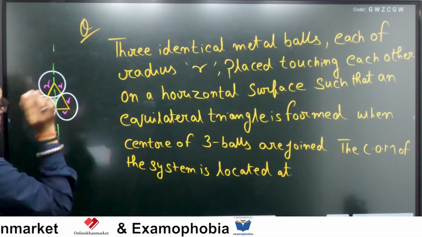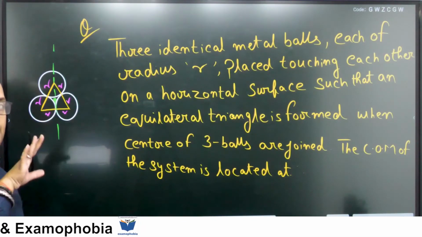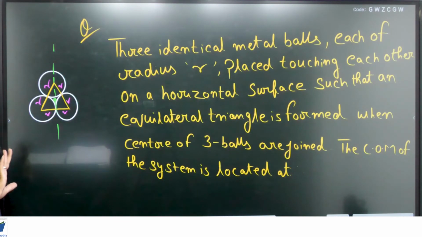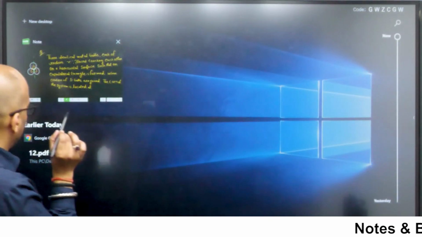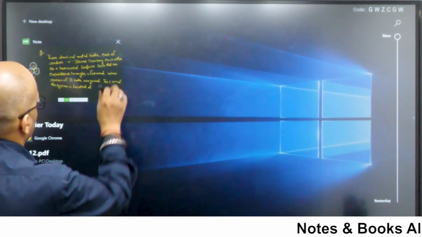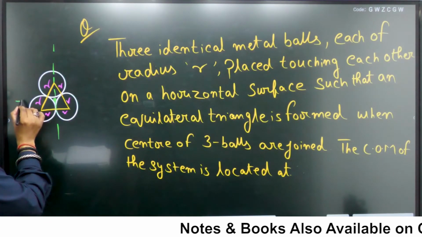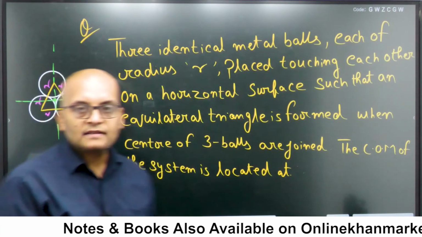This is a point. Now let's observe this system from one side view. If I observe from here, I see that this system is also symmetrical along the x-axis, like this.